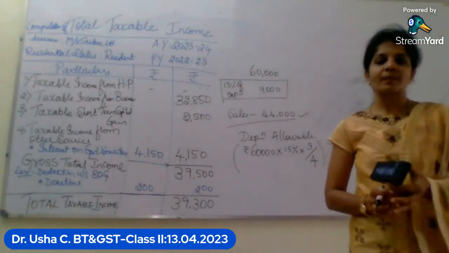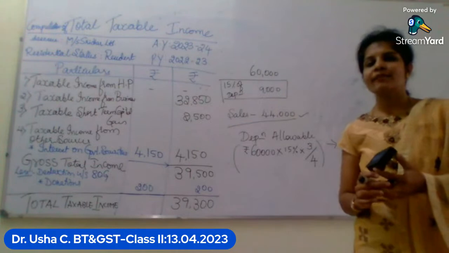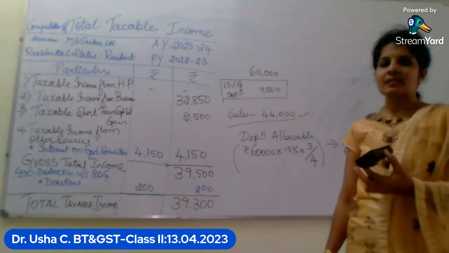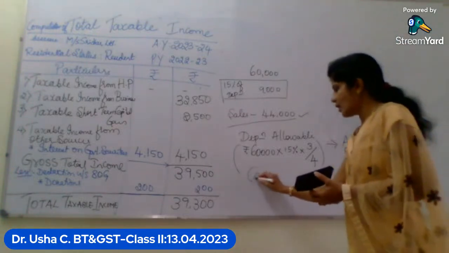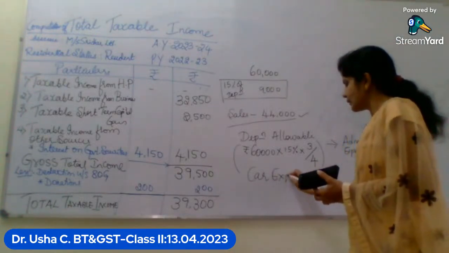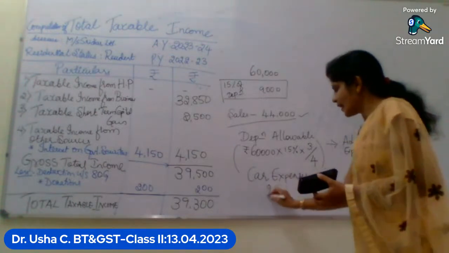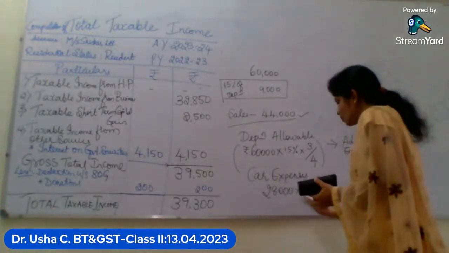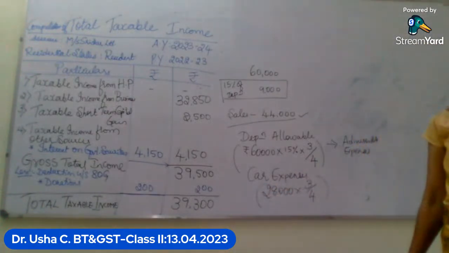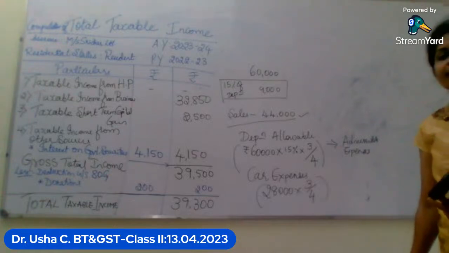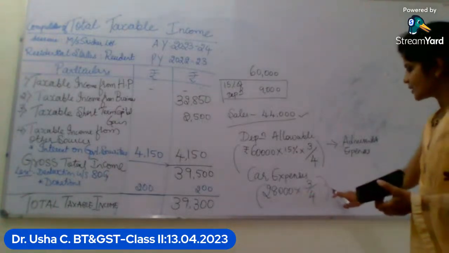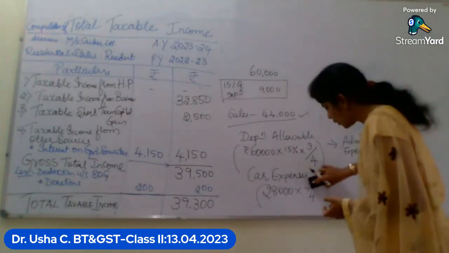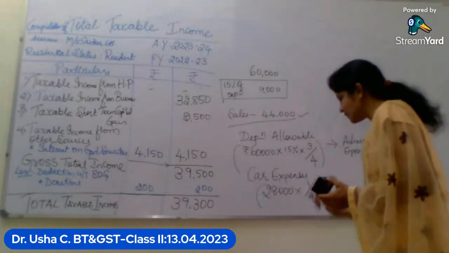Since there is an adjustment for the car saying 3/4 of the car is used for business, there is one item called car expenses of 28,000 rupees, which also must be taken to the extent of 3/4 only. So 28,000 and 3/4 is allowed. How much is not allowed? 1/4 is not allowed.